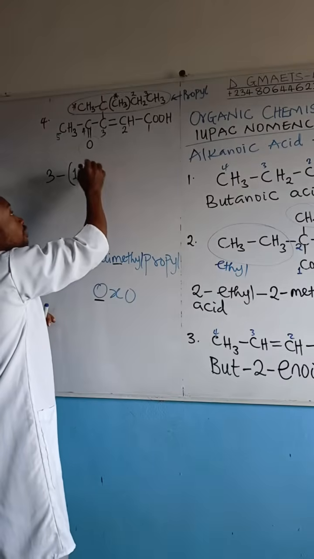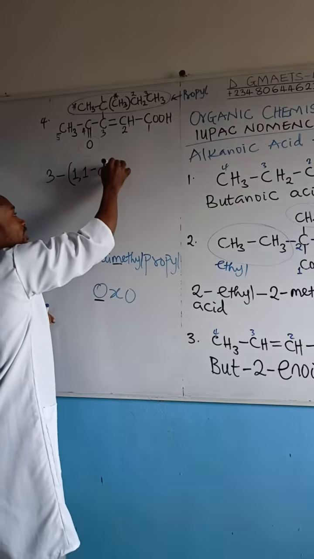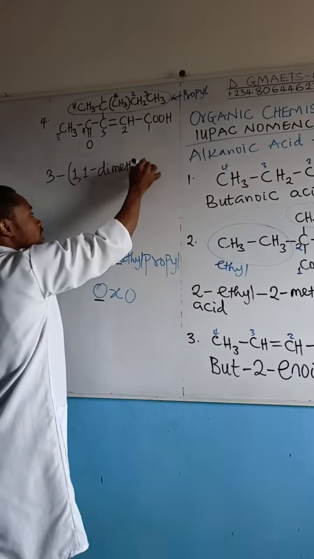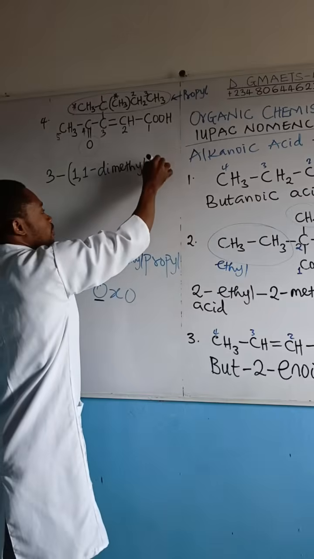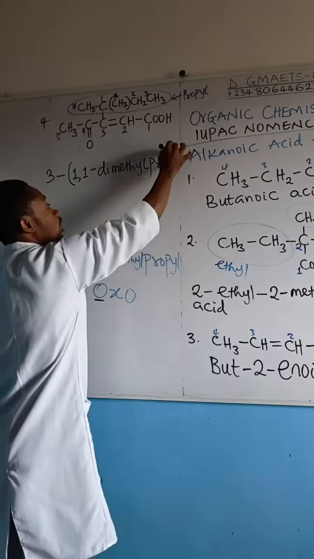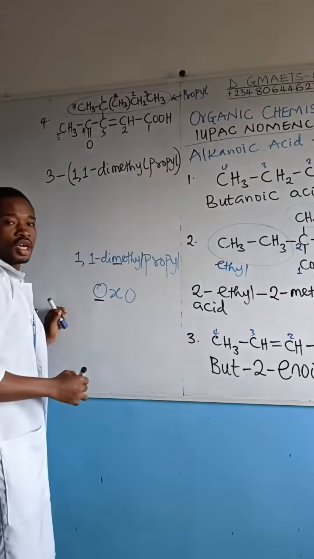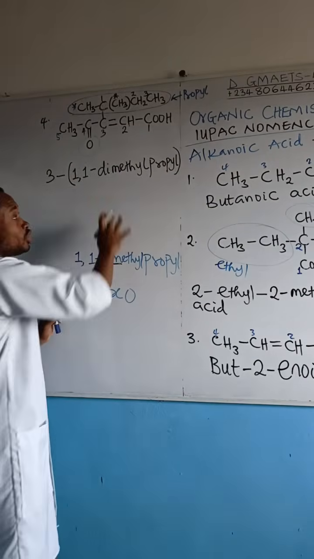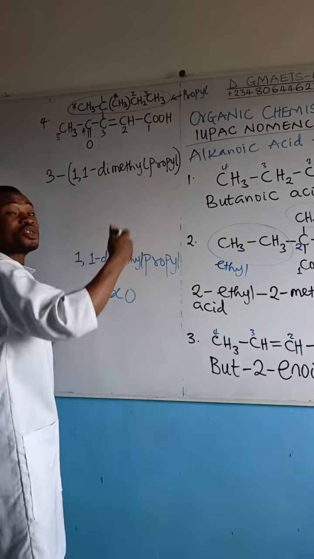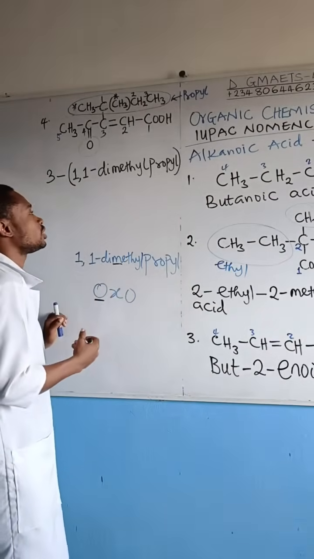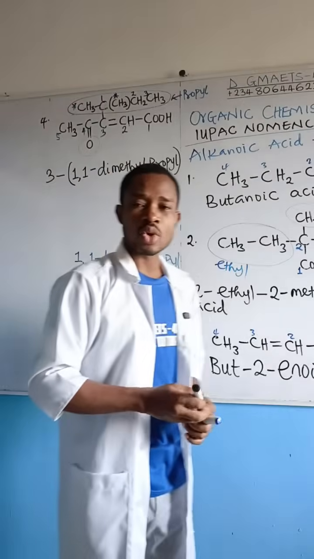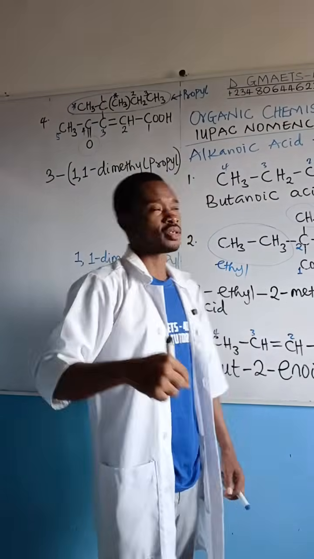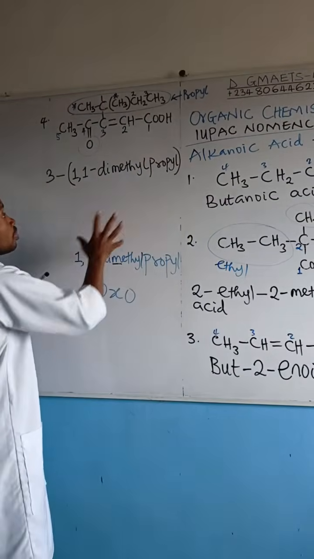Since there are 2 methyls, it will be di, then methyl, dimethyl, propyl. Close the parenthesis. You are done with that side chain, that substituent on a substituent. Remember the rule: a substituent on a substituent must be in parentheses.